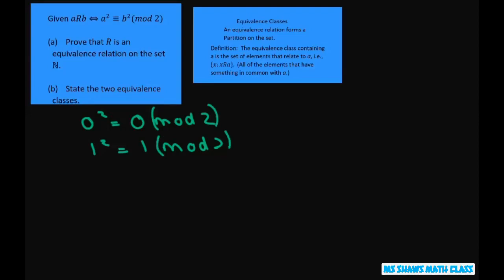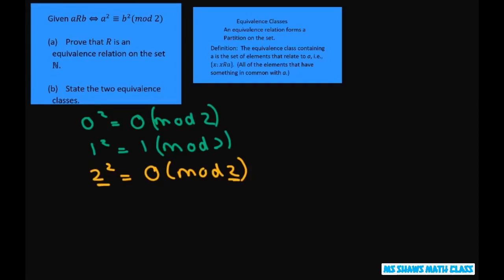Okay, let's do some more. 2 squared goes back to 0 mod 2, because if you divide 4 by 2 it is 2, and there's no remainder.